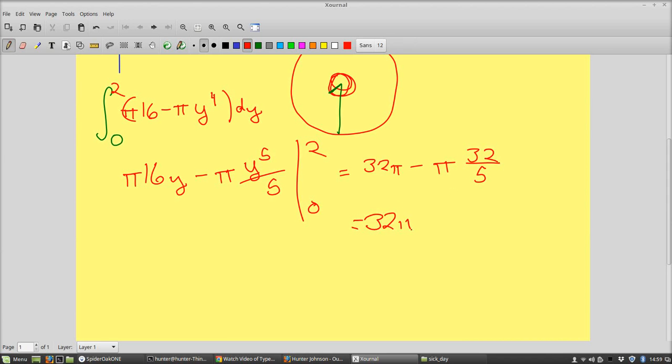So 32 pi times 1 minus 1/5. So this is 4/5. What is 4 times 32? 128. 128 pi divided by 5.